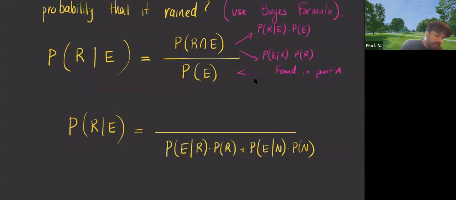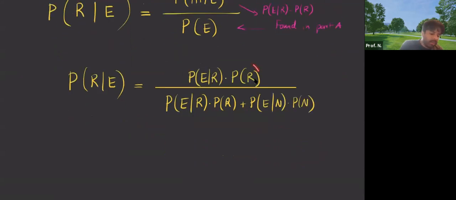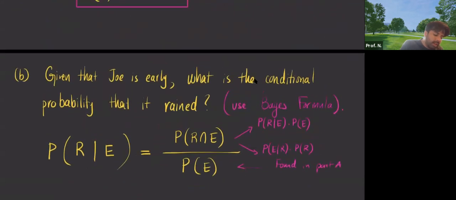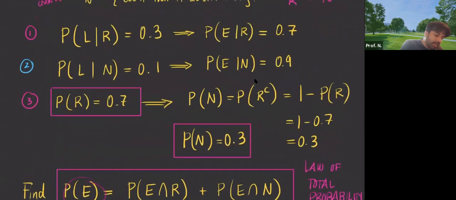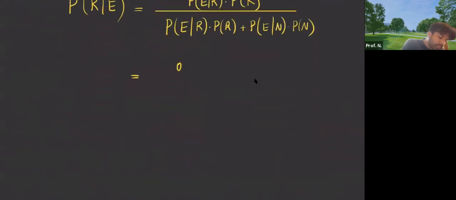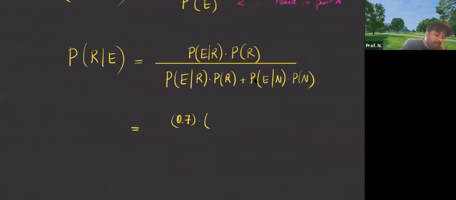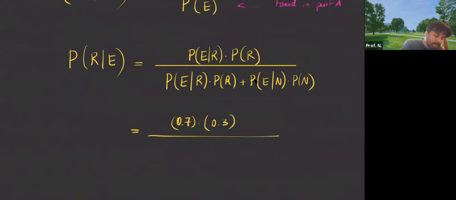So this is the probability that he's early given that it rains, multiplied by the probability that it rains. And this statement is also in the denominator, which has the additional set where it doesn't rain. So I know the probability that he's early given that it rained is 0.7, and the probability that it rains is 0.3. So 0.7 times 0.3.